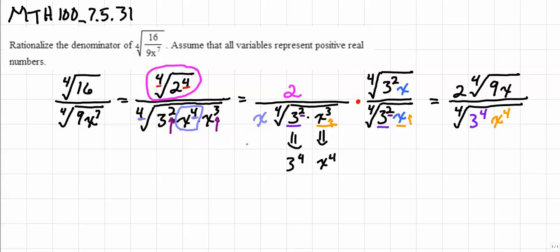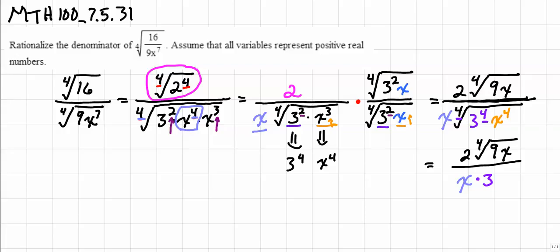We need to also keep in mind that we've already pulled an x out, so I need to keep that there. So this is what my fraction looks like. Simplifying, the numerator is still 2 times the fourth root of 9x divided by, remember that I still have this x to start with, the fourth root of 3 to the 4th, because this exponent and this index match, gives me 3.